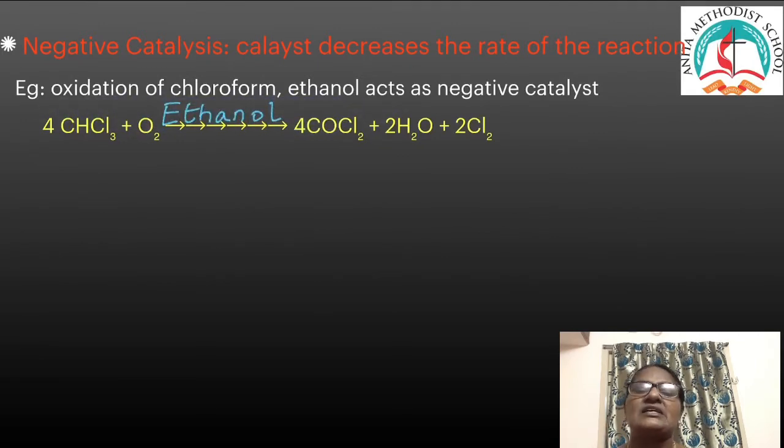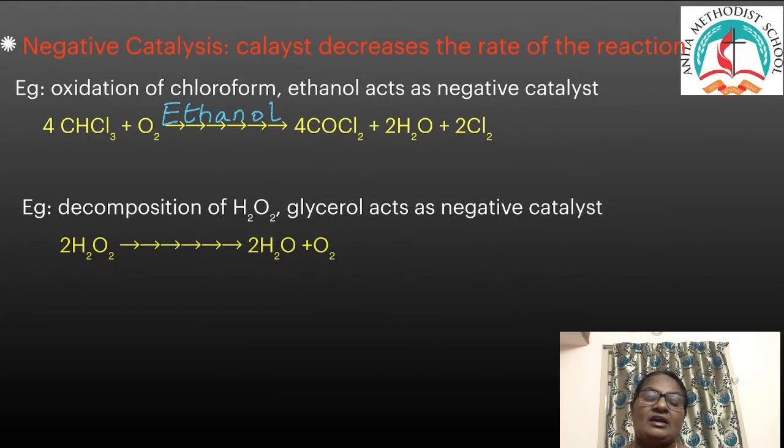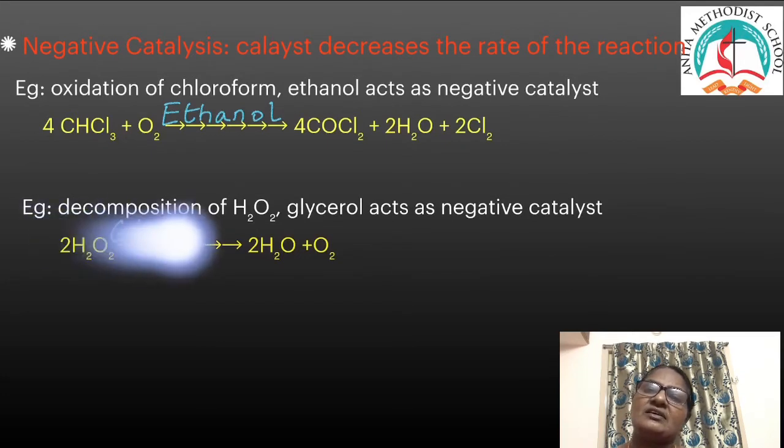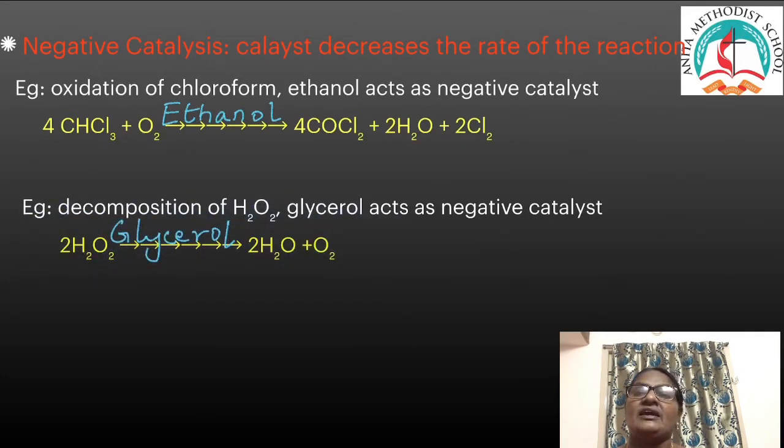The speed decreases. Such a catalyst is called a negative catalyst. Another example, decomposition of hydrogen peroxide. Here, even if traces of glycerol are present, instead of increasing the rate of the reaction, it decreases the rate of the reaction, acting as a negative catalyst.